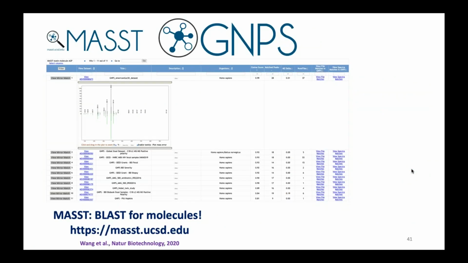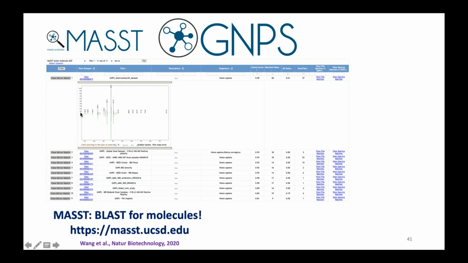To highlight some cool and novel GNPS features that I think will be really useful in LC-MS exploratory data analysis. One of them is MASST. It is analogous to BLAST for those of you that are coming from genomic data analysis. So you can take your MS/MS spectrum and compare it to all the public data that is available within GNPS.